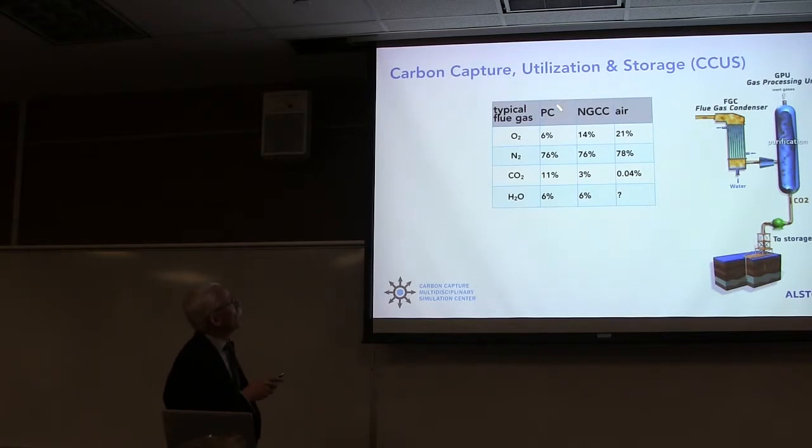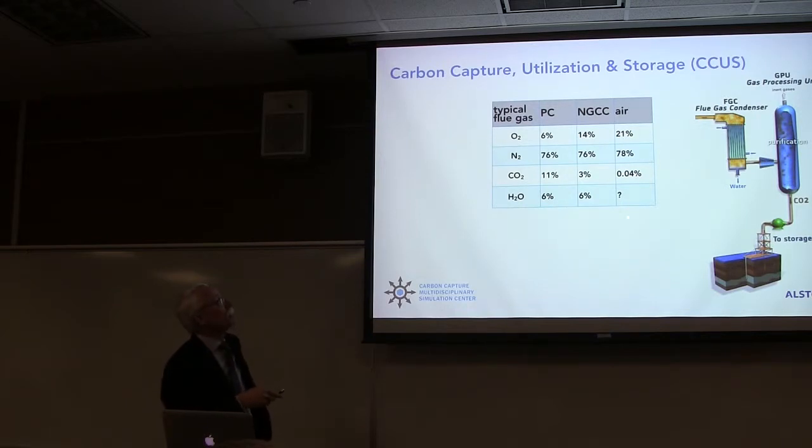That's the composition of a pulverized coal flue gas. But if you're looking at natural gas, that's the composition. So you can see the difference in the CO2 content. The driving force is easier for pulverized coal, but there's certainly more of it. So this is the issue.